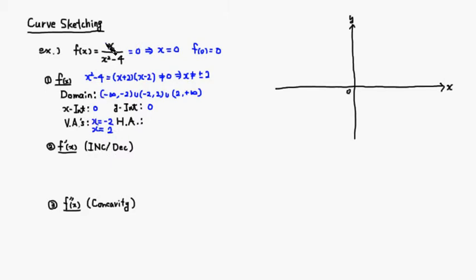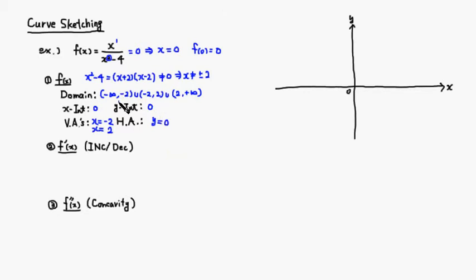For the horizontal asymptote, in this case we can use a trick: the bottom has a higher degree, 2, and the top has degree 1, so the horizontal asymptote is y equals 0. So we got those pieces of information.